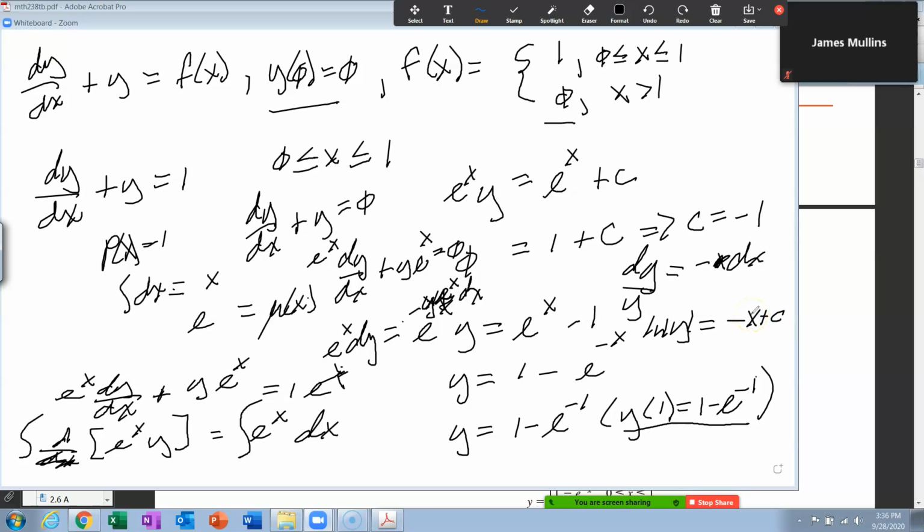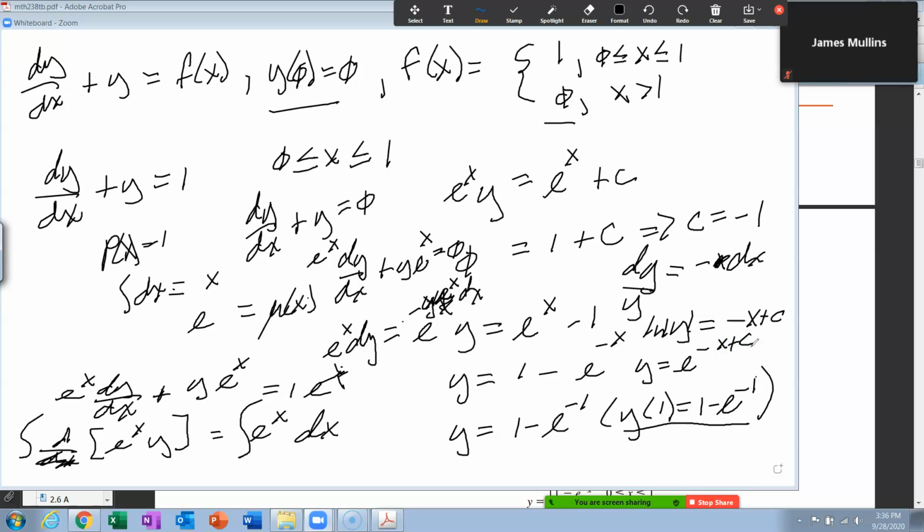Now this c is not an arbitrary coefficient. This is one that we're going to basically connect by this. So let's put in these values. When x equals 1, y, okay, let's deal with this first. Y is equal to e to the minus x plus c.